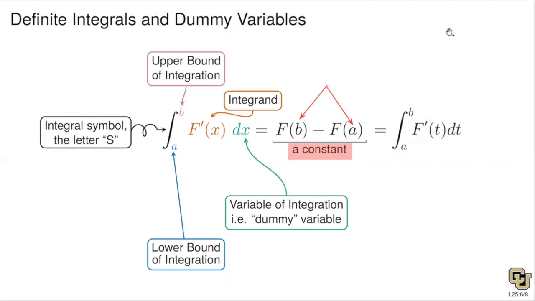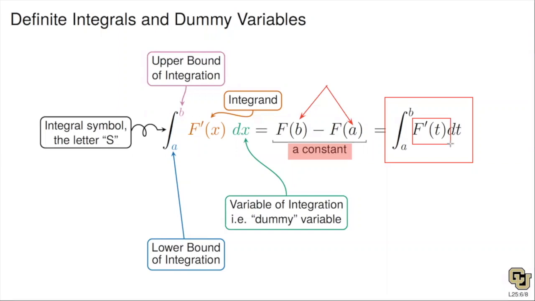And if you look at the same integral, this is the identical same integral, integral a to b, now I say f prime of t dt. Again, according to the evaluation theorem, the way we can calculate this integral is to use any antiderivative of f prime. So F is an antiderivative of f prime.